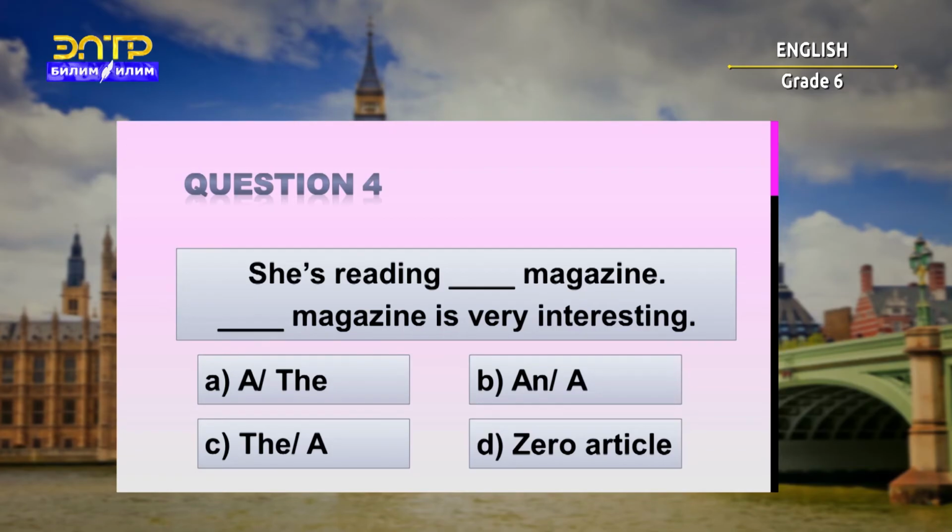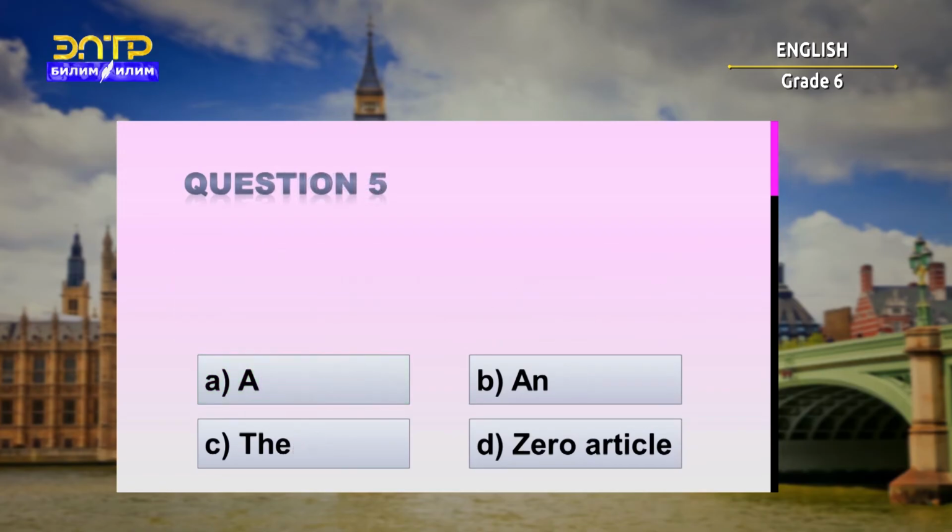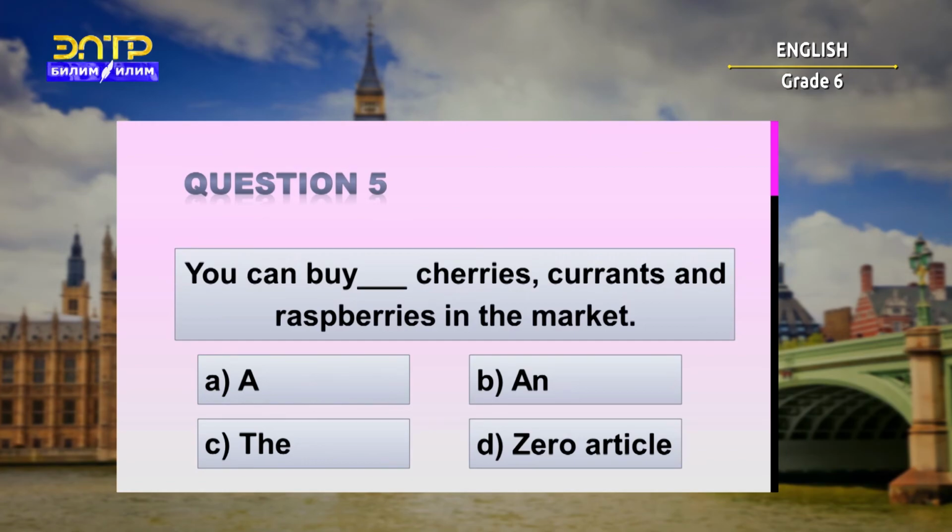The correct answer is A. You can buy cherries, currants, and raspberries in the market. The correct answer is D, zero article.